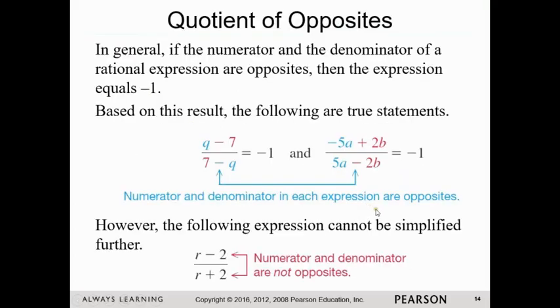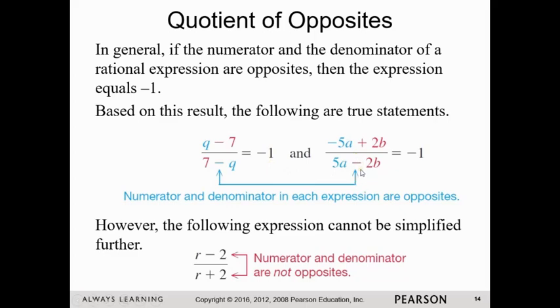So here's the idea I was talking about in the previous example, that you can have the quotient of opposites. Looking at this one, q minus 7 over 7 minus q, these are opposites. Because if I were to factor out a negative 1 in the denominator, I would end up with q minus 7, and the q minus 7 would cancel out, and we would end up with negative 1 like we did in the previous example.